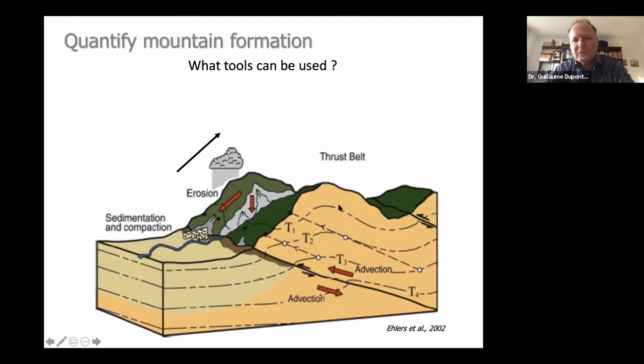One of the goals of geologists is to quantify how mountains were built. Okay, so do you have any ideas what kind of tools can be used to do that? How do you know when a mountain was built and how high it was?